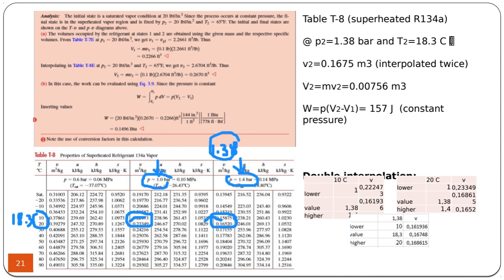So you can do it both ways, either keep the pressures constant and interpolate the temperatures, or keep the temperature constant and interpolate the pressures. They will give you the same answers.